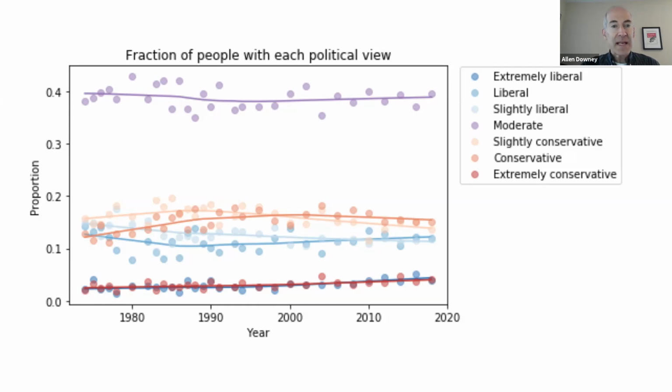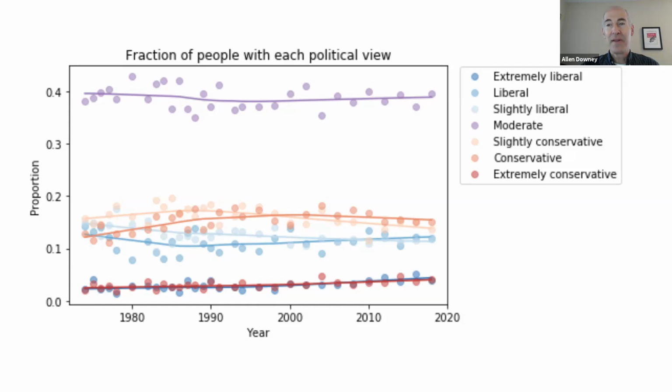But one thing we can see is that the purple line at the top is by far the most common response, and again, that's moderate. The darkest red and blue are all the way at the bottom, so it looks like there are a relatively small number of people who identify themselves as extreme. And then the middle lines, the light blue and light red, are for the other responses.